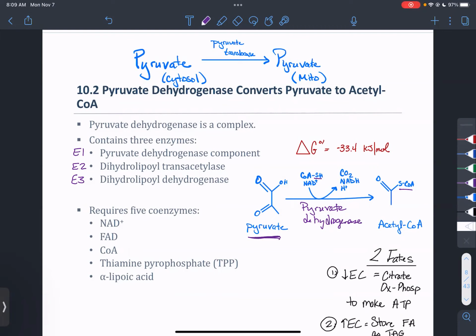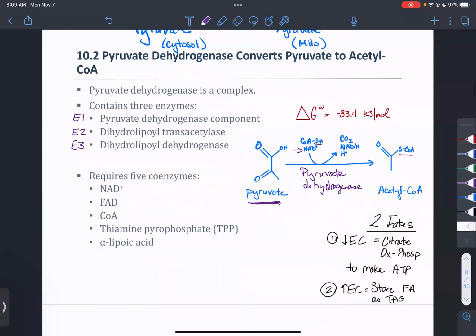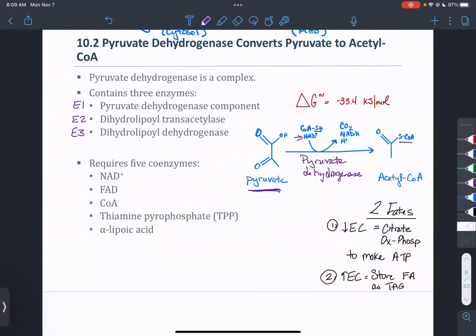thioester bond. And so what else are we going to need? We're going to need NAD+, and then when this reaction has happened, we'll release a carbon dioxide, right? This is a decarboxylation reaction. We'll have NADH, and then we'll have our hydrogen ions. And so we're going to look at each of the coenzymes that are required in order to make this happen.